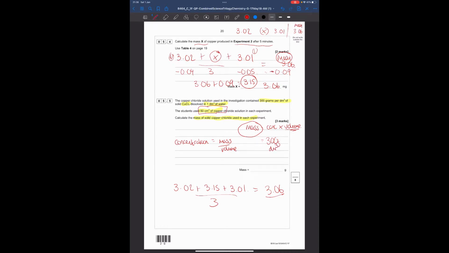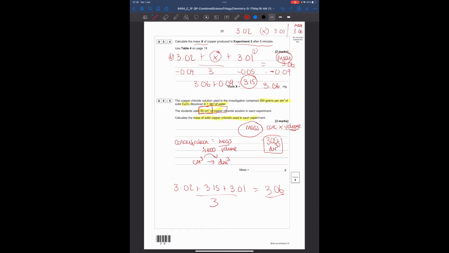But this is in centimetre cubed, our concentration is in decimetre cubed, which is a much, much bigger amount. So we would have to convert centimetre cubed to decimetre cubed before we could plug it in our equation. Now, to convert centimetres cubed to decimetres cubed, because decimetres is a much, much bigger unit, you divide by 1,000.